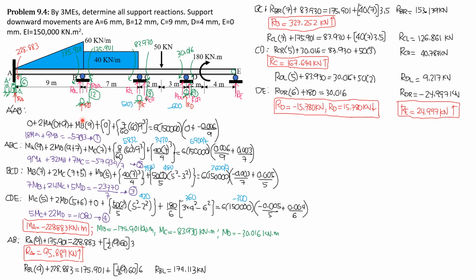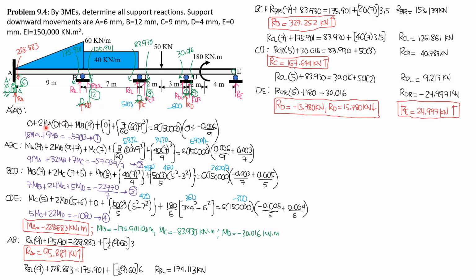The three moment equation for ABC, for example, is MA plus twice the middle point MB quantity L of AB plus length of BC, supposedly over I if the moment of inertia is not constant for each segment.